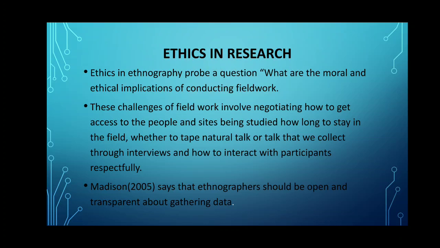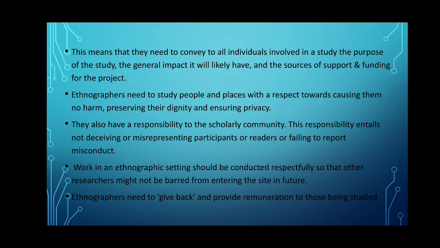Madison says that ethnographers should be open and transparent about the data gathering. This means that they need to convey to all the individuals involved in the study the process of study, the general impact it will likely have, and the sources of support and funding for the project. That means you have to tell your participants why you are doing the study, what impact it is going to have, and what kind of support and funding you have got for this project.